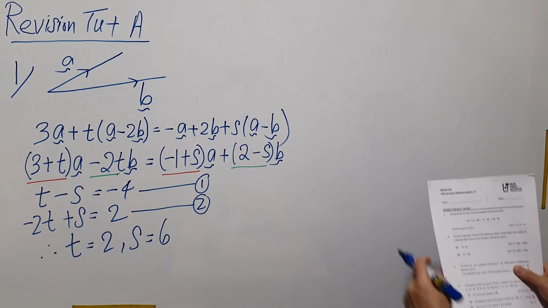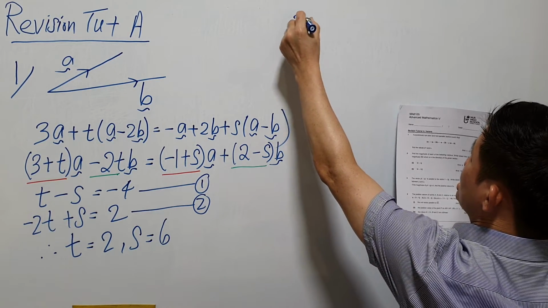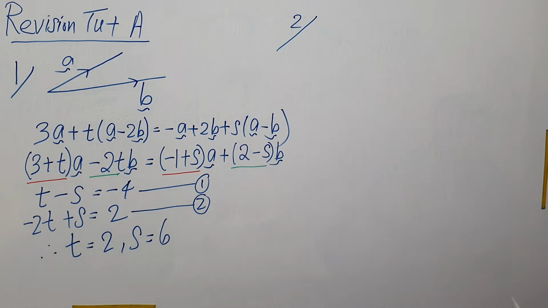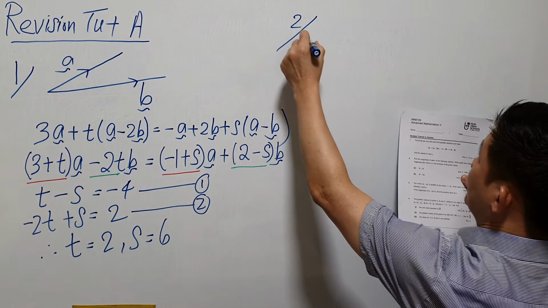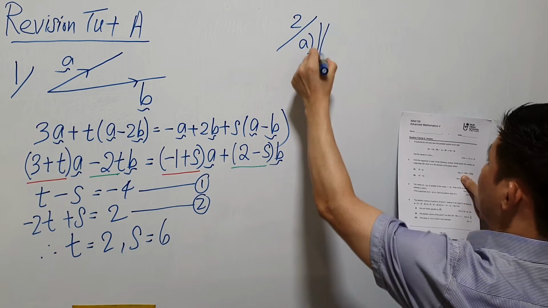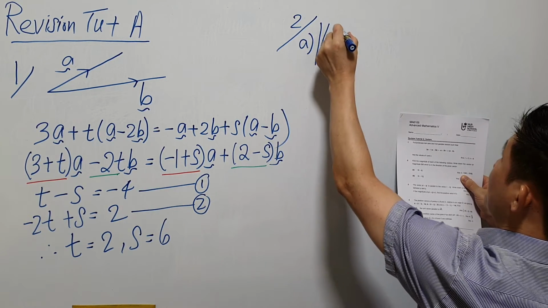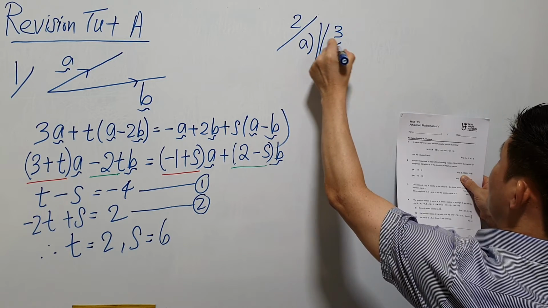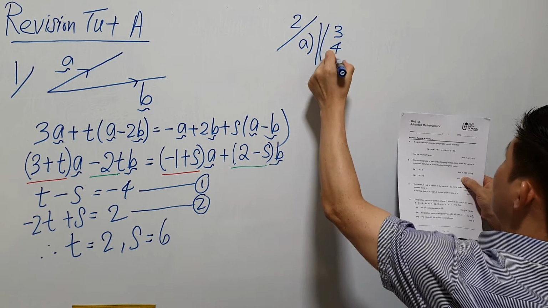Right. Then in question number 2, you're asked to find the magnitude of the following vectors. For part a, the magnitude of the first vector (3, 4, 0).